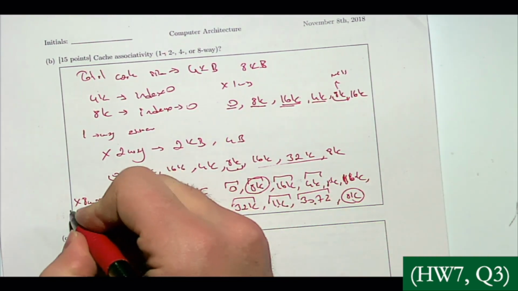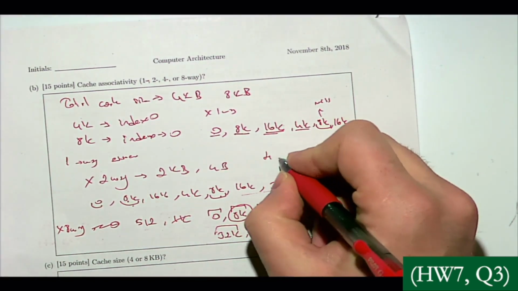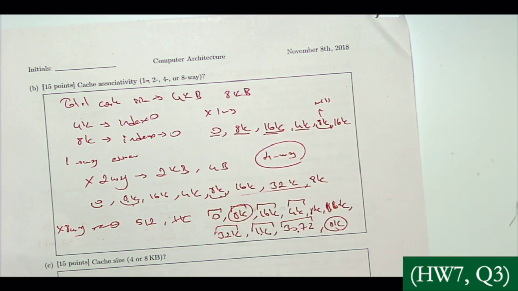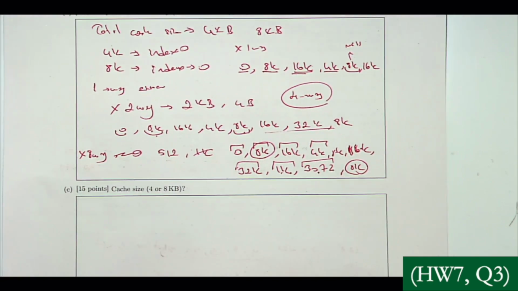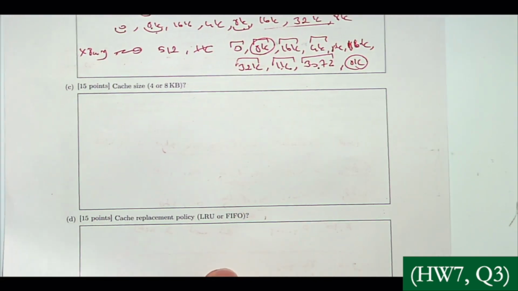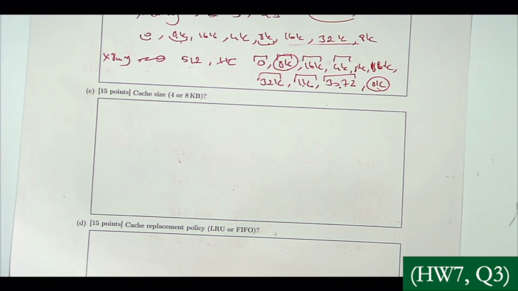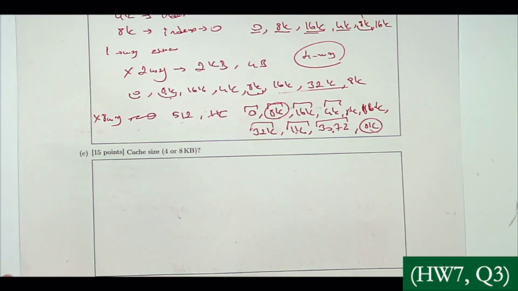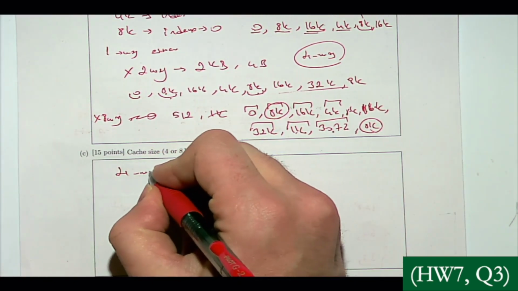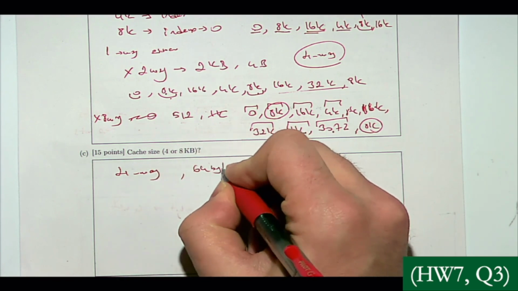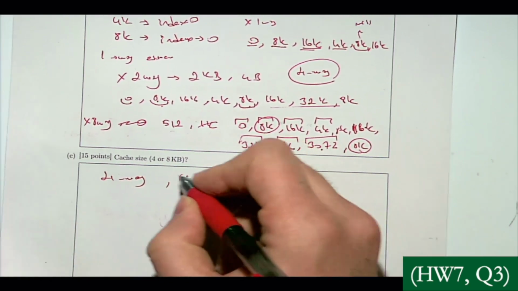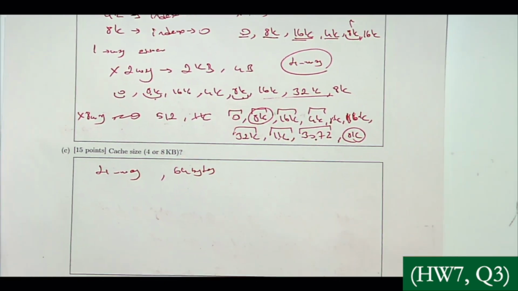So then 4-way is our only option left for this one. Now the cache size. We know that this is a 4-way and block is 64 bytes, and we are asking if the cache size is either 4 or 8 kilobytes.